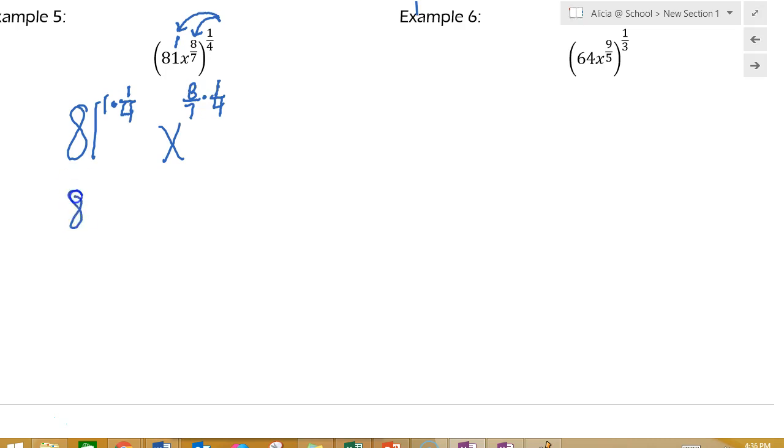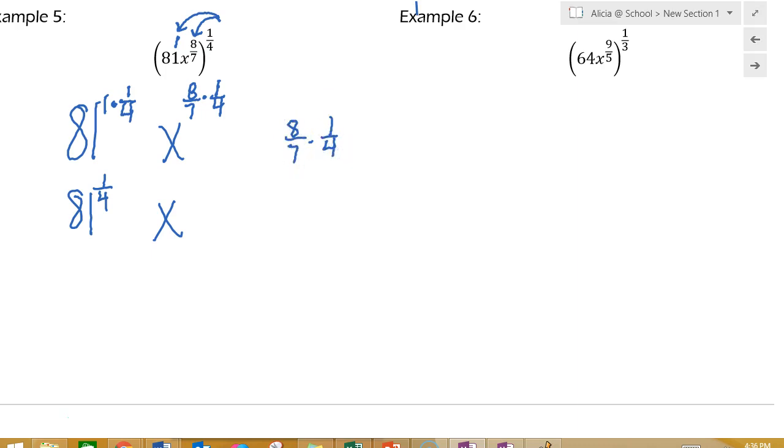So if I have my base of 81, 1 times 1/4 is 1/4. When I have my variable x, I bring down that base. 8/7 times 1/4 is going to give me 2/7. Again, if you want to see that work done on the side, 8/7 times 1/4.